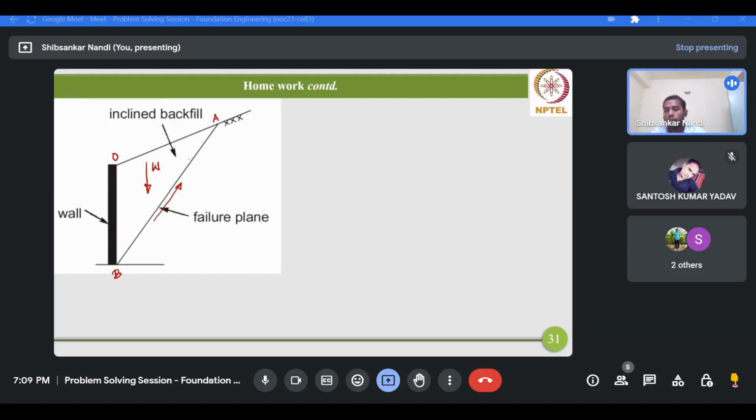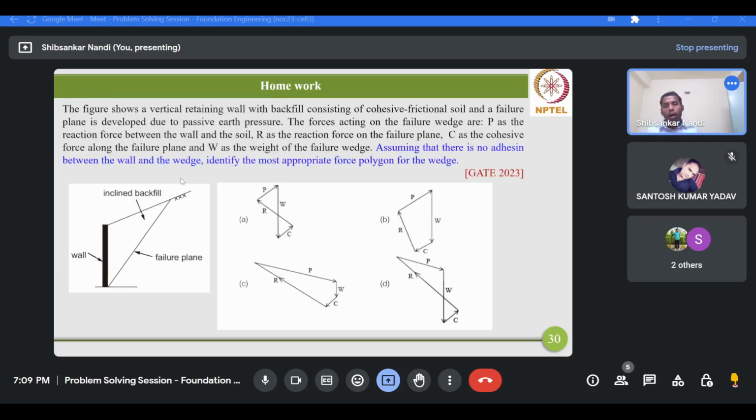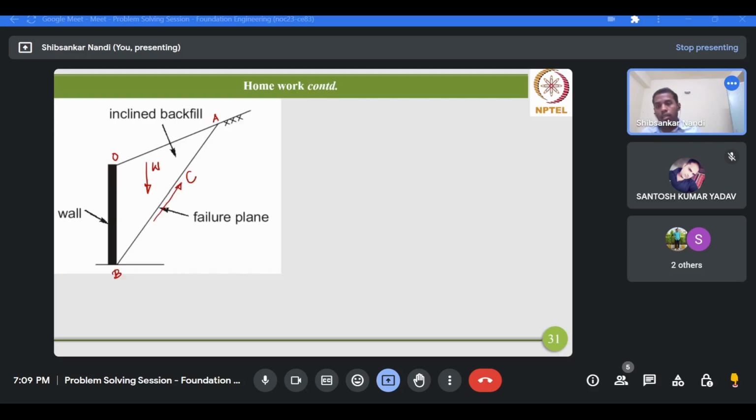So this is the cohesive force. Now, first tell me, am I drawing the cohesive force direction correctly or not? Is it the correct direction in which this cohesive force is acting along the failure plane? Because cohesive force can act in this direction also.